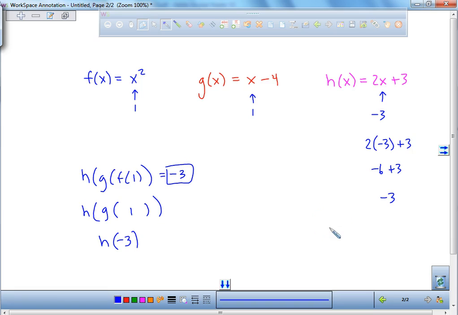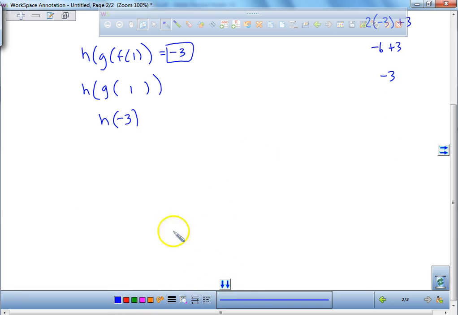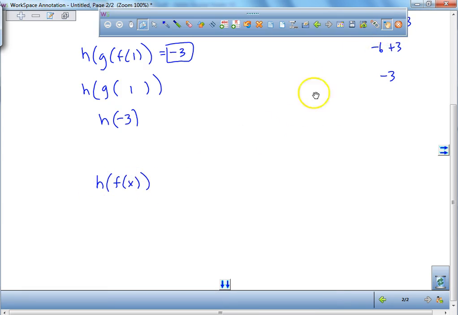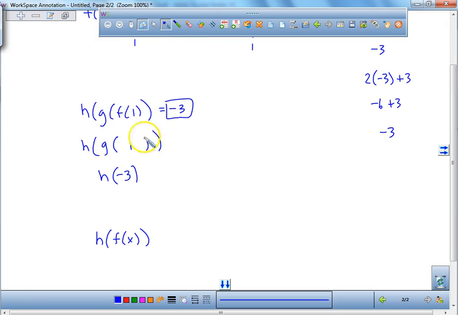All right? Now, the last thing that you could possibly have with this is this last piece. Check this out. What is h of f of x? What is h of f of x? So we're going to take a look at this. What does this mean? We're taking f of x and we're plugging it into h of x.